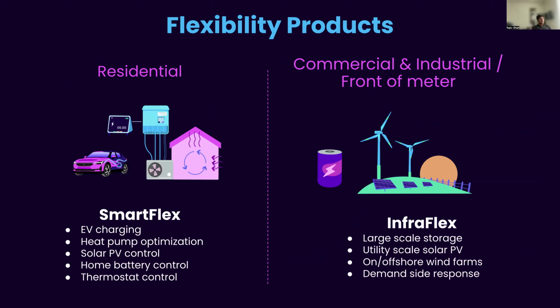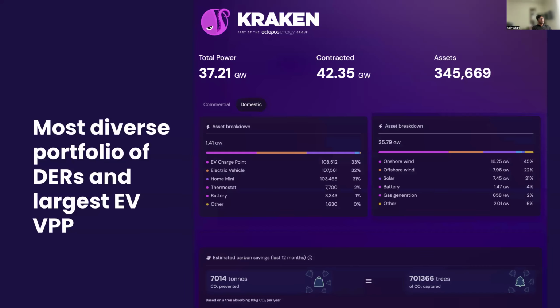We're optimizing heat pumps and smart thermostats, as well as home batteries and rooftop solar. 42 gigawatts contracted capacity, of which 1.41 gigawatts breaks down into that smart flex consumer level piece, including what is Europe's largest EV aggregation, or VPP, in the UK, where we have over 200,000 EVs that we're scheduling charging on every day.